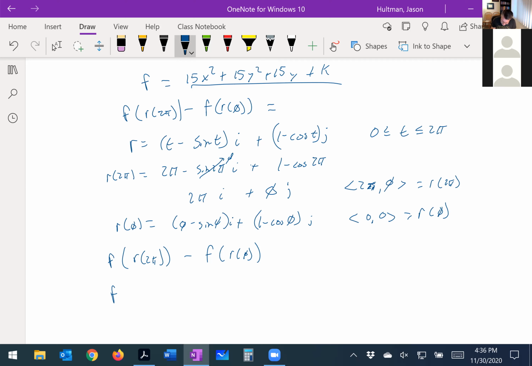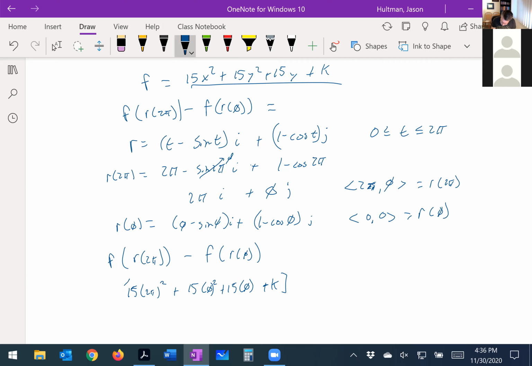Okay, so now when I plug this in, it becomes f of 15 times 2 pi squared plus 15 times 0 squared plus 15 times 0, plus k. So that's the first thing.